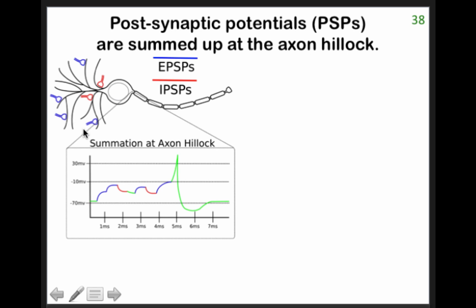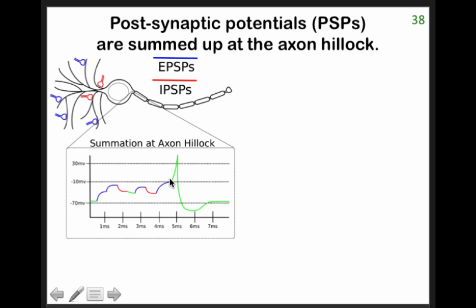Maybe this one fires and this one sends a signal, and that causes the membrane potential to bump up but not quite hit the threshold. Then maybe an inhibitory signal comes in and knocks it back down. Then maybe nothing happens for a while, no signals coming in, but the sodium-potassium pump and the potassium leak channels are still bringing the potential back down towards resting. Then we get another excitatory, then another inhibitory, back down where we started.